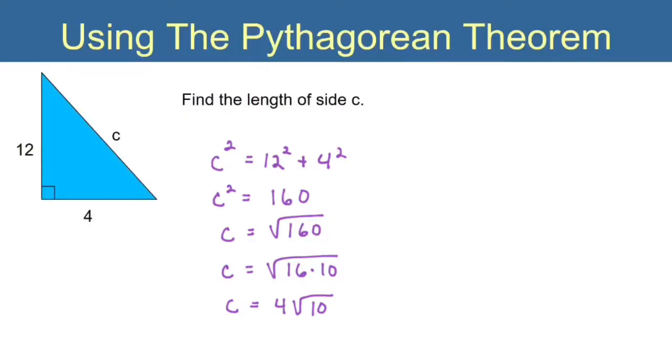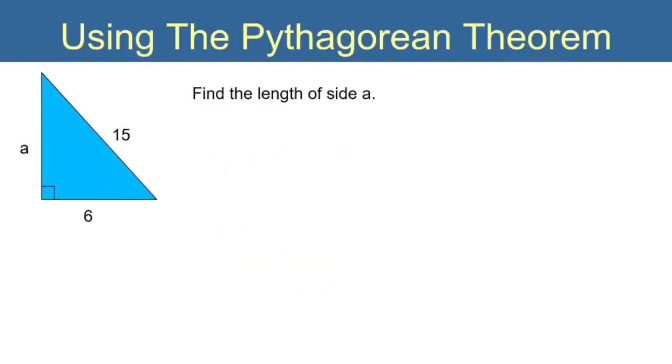Now let's do an example where we are looking for the length of an unknown leg. So in this example, we're looking for the length of side A, and that tells me that we're going to be subtracting the squares here. So I'm going to go ahead and write down our formula, but now we're going to plug in. So of course 15 is side C, that's the hypotenuse.